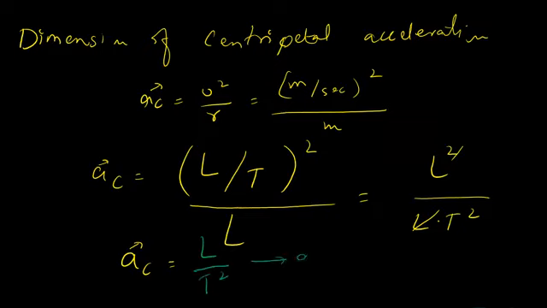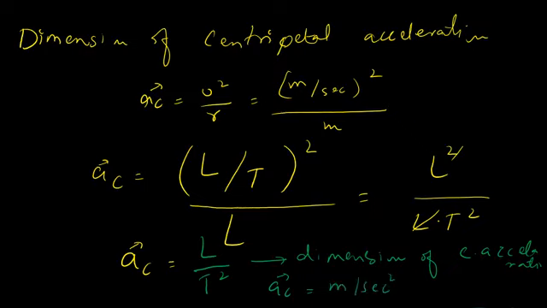These are the dimensions of the centripetal acceleration, so we can say that centripetal acceleration can be measured in the unit of meters per second squared.